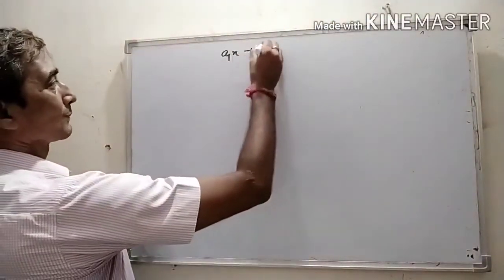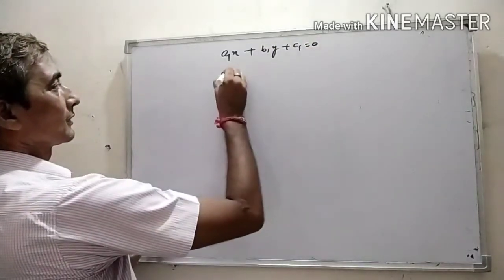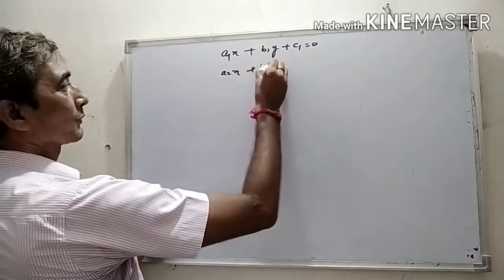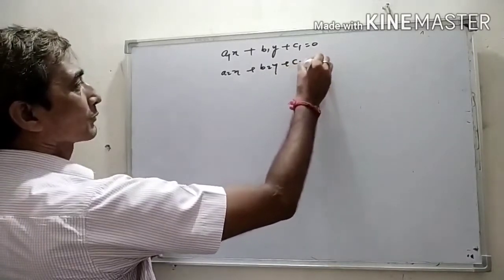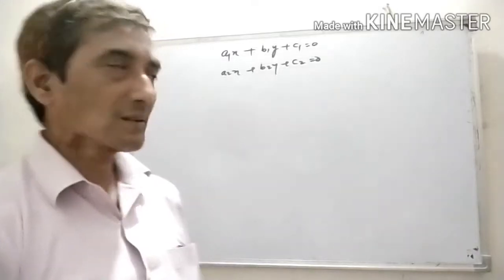a1x plus b1y plus c1 equal to 0. a2x plus b2y plus c2 equal to 0. These are two linear equations.